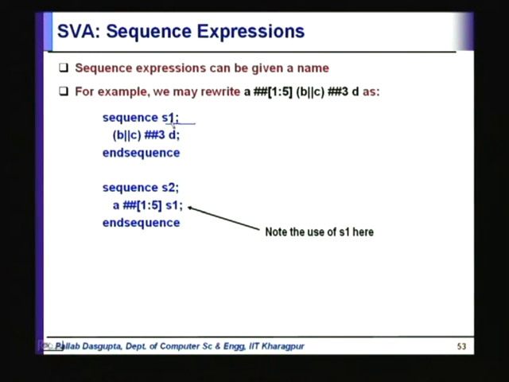Then when I define sequence S2, I use A, hash 1 colon 5, S1, right. So, see, this is my S1. This kind of defining subsequences helps you to structure the assertions nicely, so that the individual assertions do not become too complicated and long.